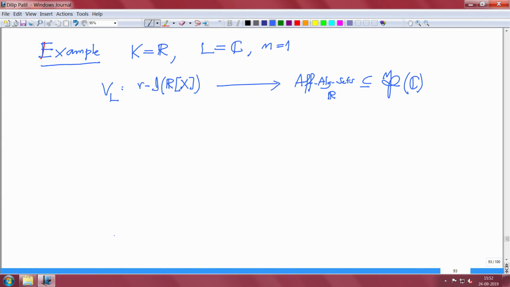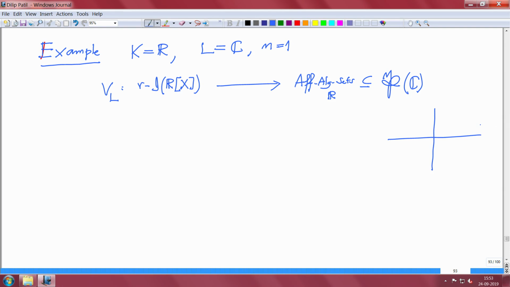So, alright, now let us see whether this map is surjective. So, what does that mean? Surjectivity means given any element in the power set, whether it is coming from some ideal here. So, for example, what is C? I will denote C now as a real plane, and any subset here will be some subset here I can draw.